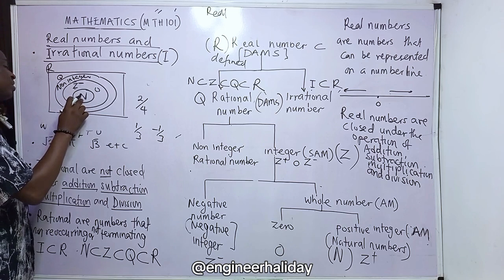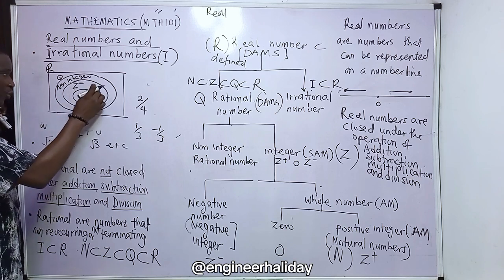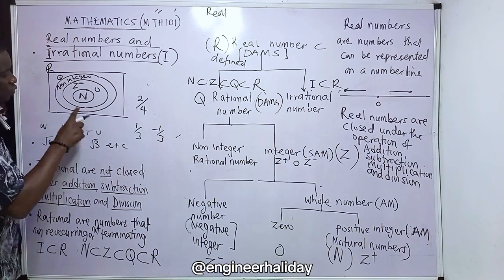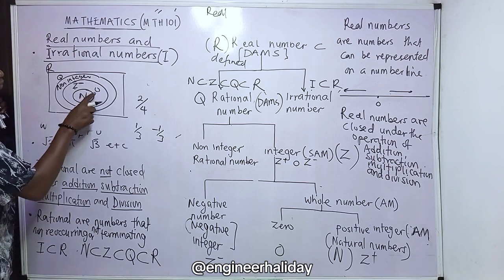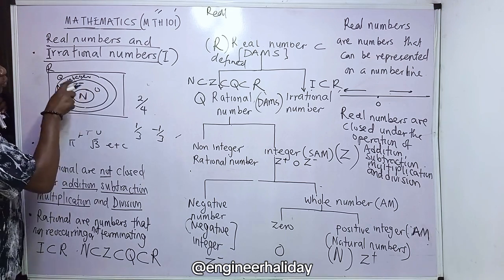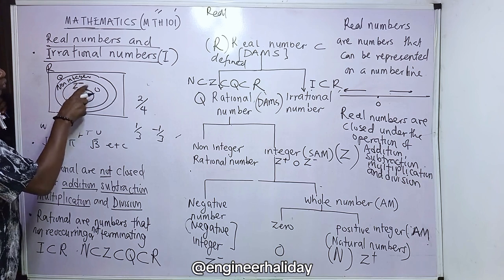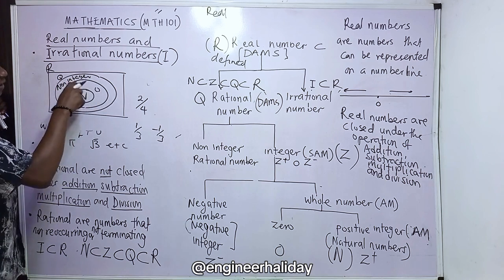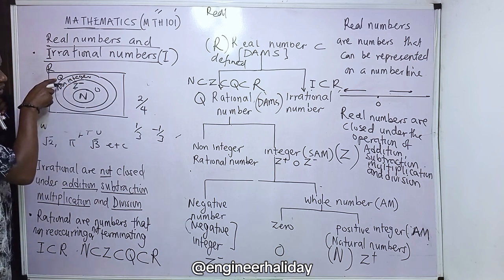Natural number is also positive integer. So the zero will be outside. Natural number plus zero gives us whole number. Natural number plus zero plus negative integers gives us integer. Integer plus non-integers gives us rational number.